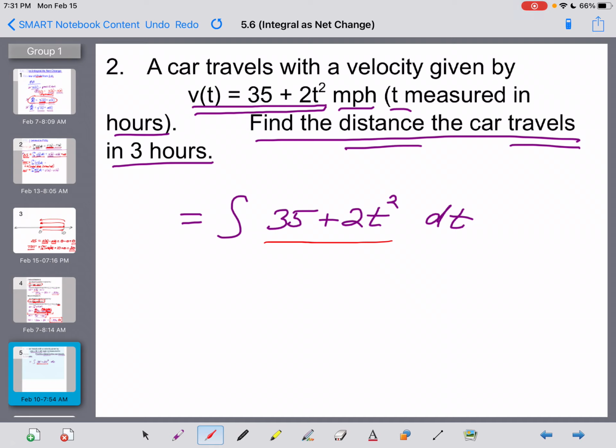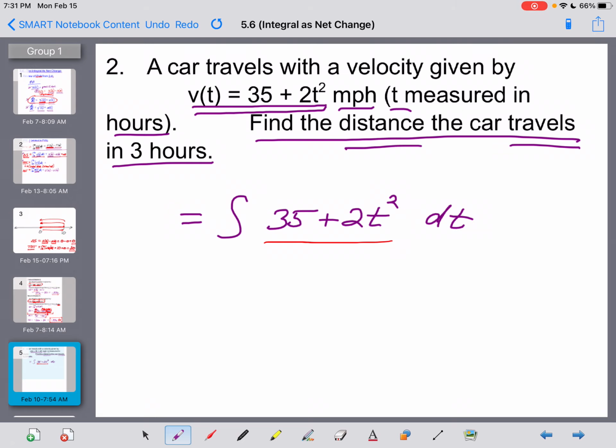But as we look at it, t squared is always going to be non-negative, either 0 or positive. Times 2 plus 35, it's always going to be positive. So it really isn't a terrible idea to put the absolute value here, given the way the problem was worded, but it's unnecessary in this case because that integrand is never going to be negative.